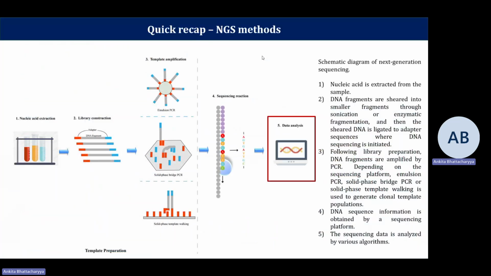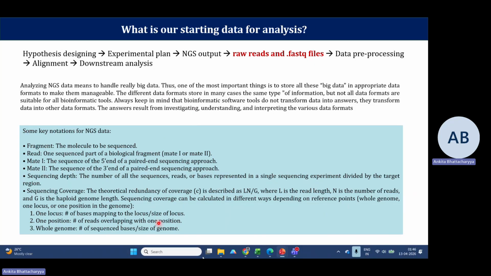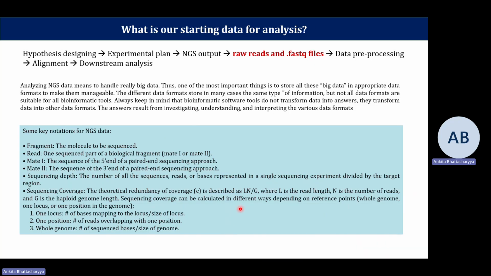Then, after a recap of the NGS methods, which I'm not going to revisit, we looked at the overall strategy for data analysis. So you have hypothesis designing, experimental plan, NGS outputs, data preprocessing, alignment, and downstream analysis. Some key definitions were initially discussed.